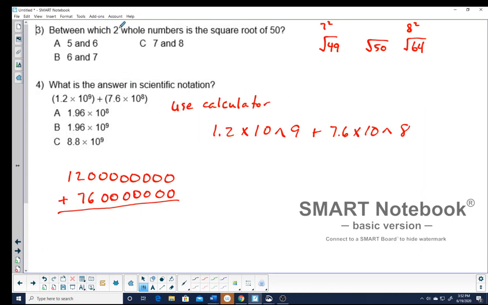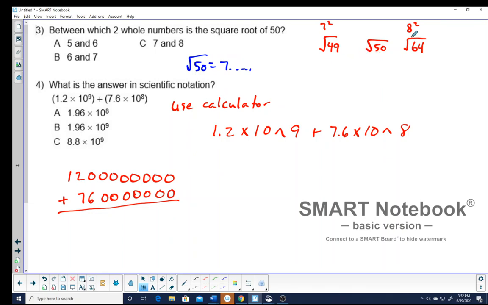On 3, it says between which two whole numbers is the square root of 50? Well, you could use your calculator, and if you find the square root of 50, your calculator is going to say that it's 7 point something. So you already know that it's going to be more than 7 and less than 8.